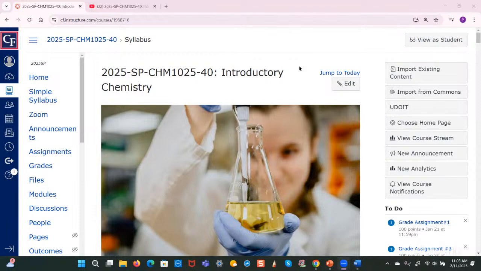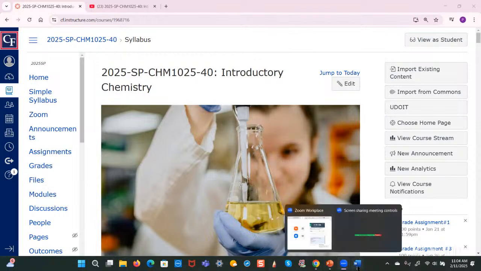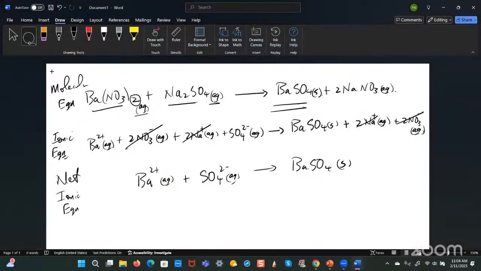We'll be looking at how we can follow the rules so that we can identify the formula for a compound based on its name and vice versa. So the first group of compounds I want to talk about are known as binary ionic compounds.